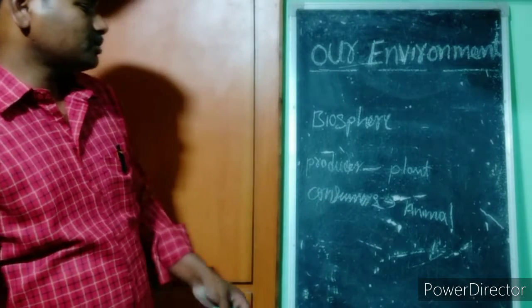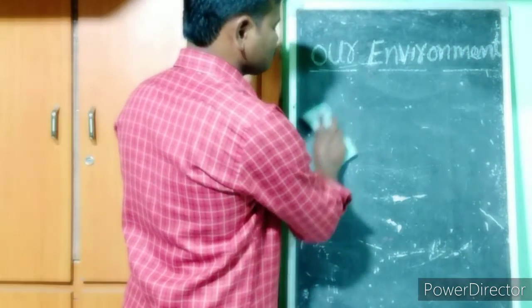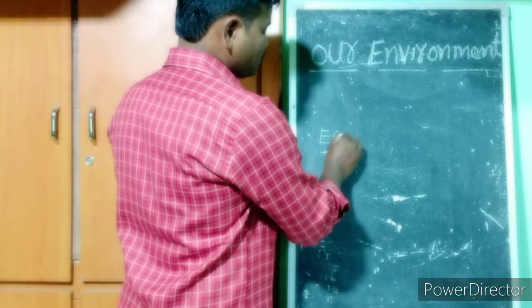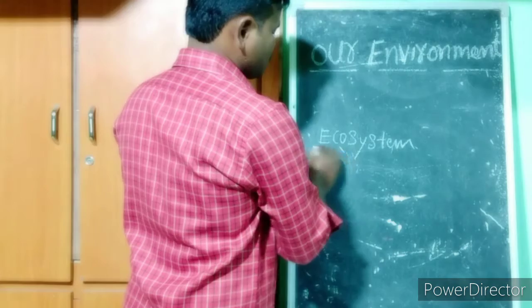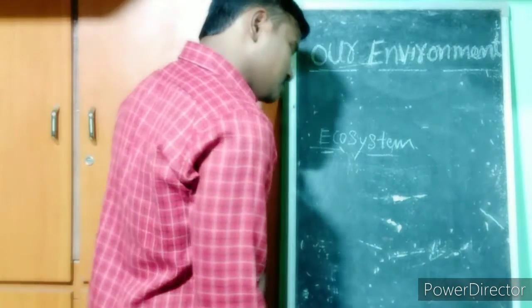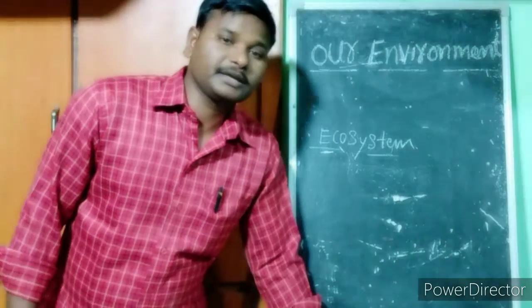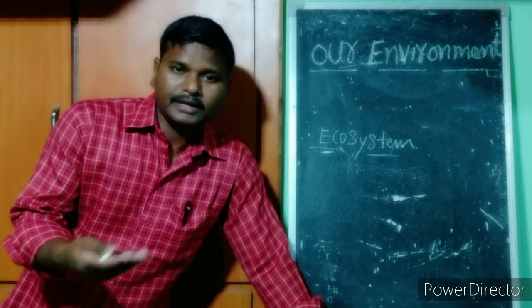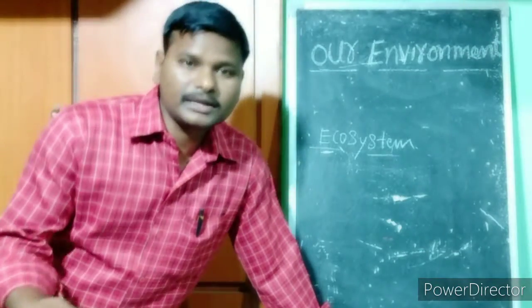And next we will see about the ecosystem. So in this ecosystem, we already learned that the biosphere is divided into plant kingdom and animal kingdom, and they are all interdependent, and they also have a physical environment.